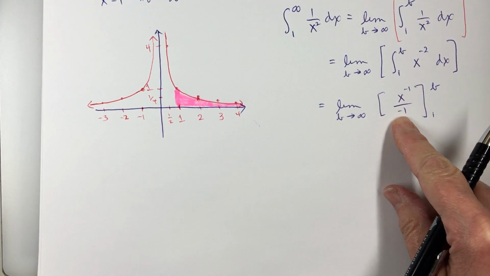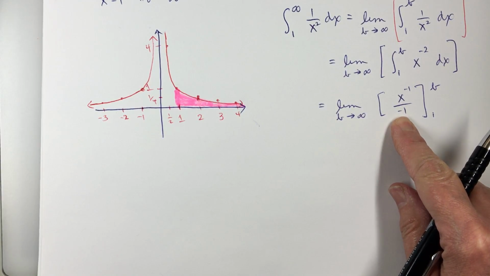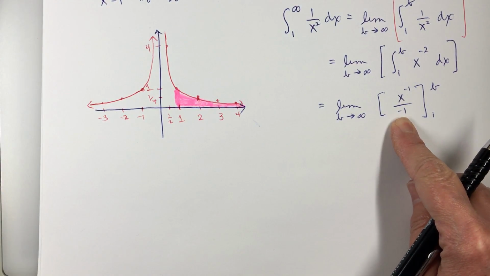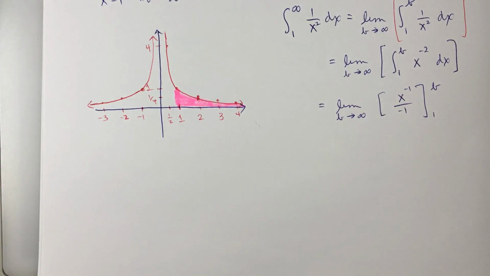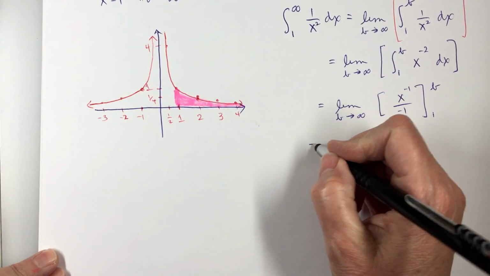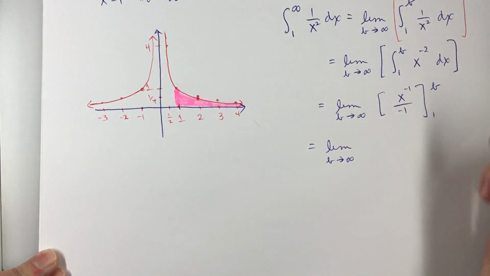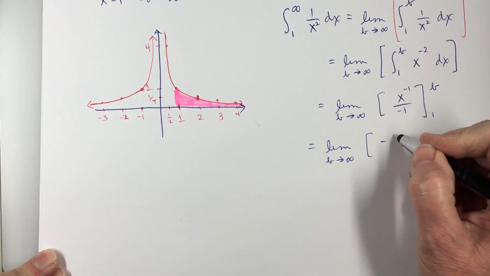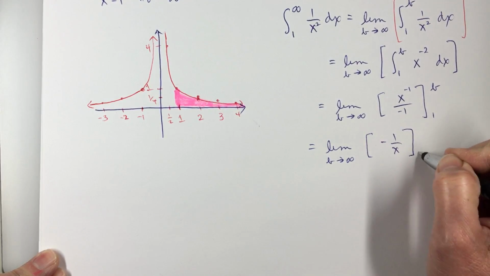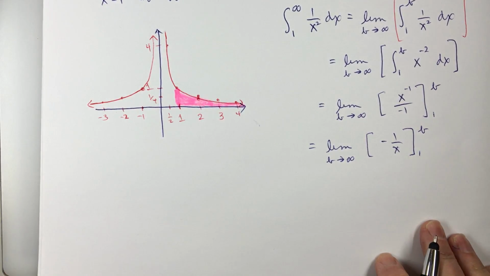Now, the -1 that's in the denominator makes the whole expression negative. The -1 that's the exponent makes it 1 over x. So this would be the limit as b approaches infinity of -1 over x from 1 to b.